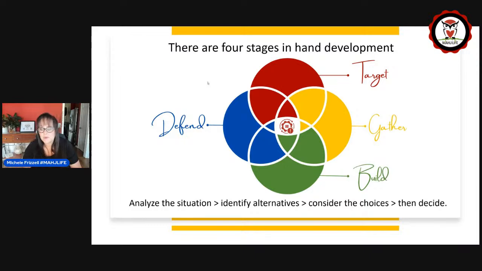So just remember that while you're developing your hand, you may need to retarget and then gather and build. And consider, as you monitor the progress of your hand development, what stage you're in. And we'll talk more about that later in this presentation.